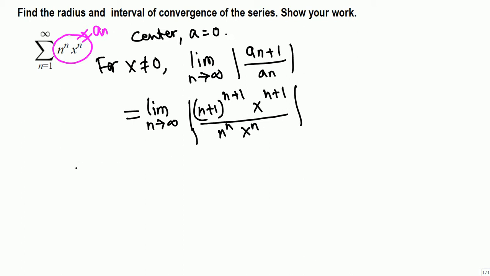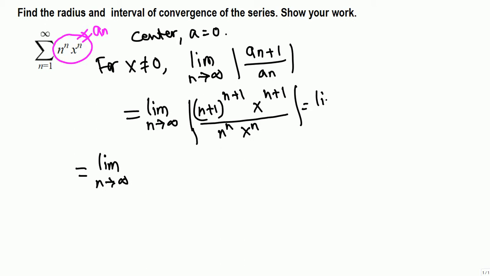Okay, let's find this limit, as n goes to infinity. Let's simplify the top. What we can do here is x to the n+1 is the same as x to the n times x to the 1. Then x to the n and x to the n cancel.